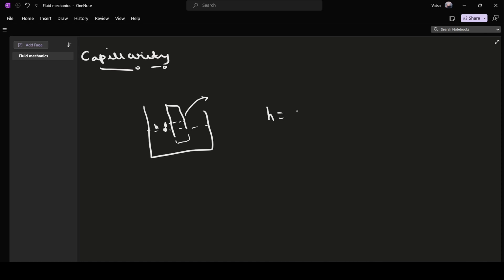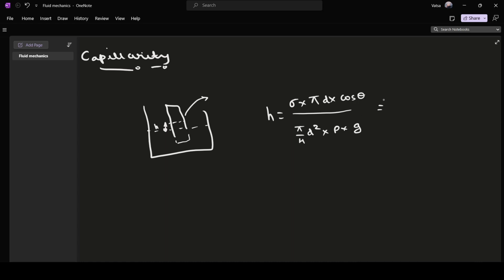So h is equal to psi into pi d, which is our surface tension, into cos theta, divided by pi by 4 d square, which is the area, into rho into g.